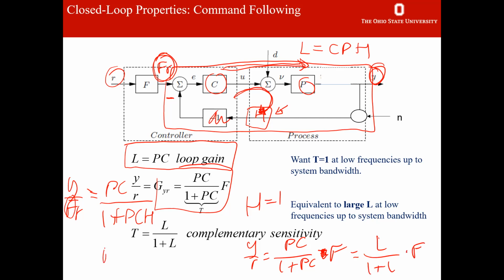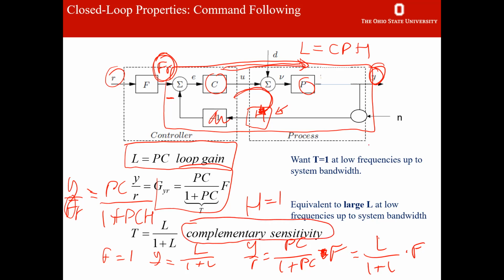If my F is equal to 1, so if I'm not using any reference feed-forward control on it, my Y over R is going to be equal to L over 1 plus L. This is actually the transfer function from input to output, and we call it the complementary sensitivity function.